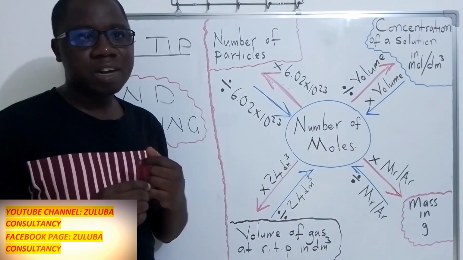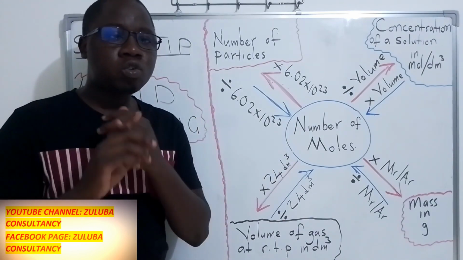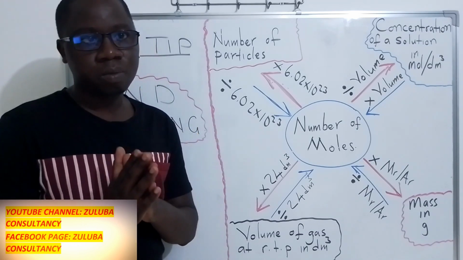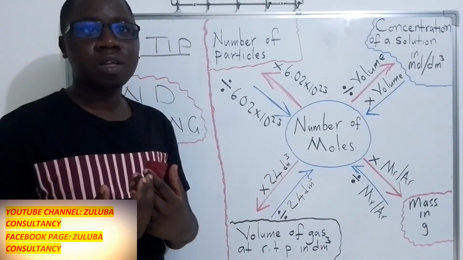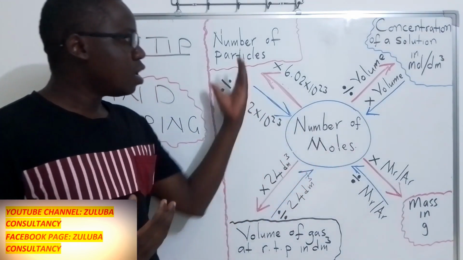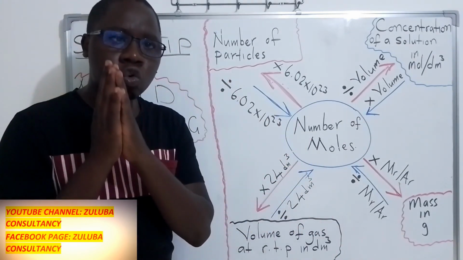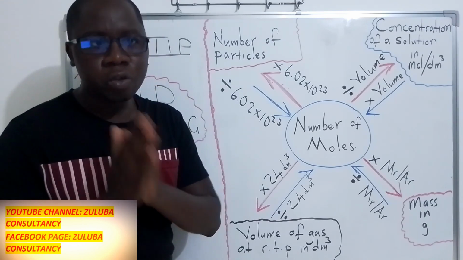The first advantage is that mind mapping helps you to remember and recall information easily. So when it comes to you revising, you simply need to look at one paper and you are able to remember and recall the information you studied.